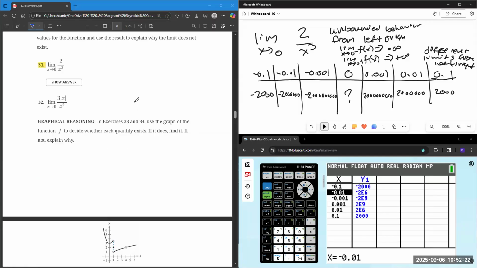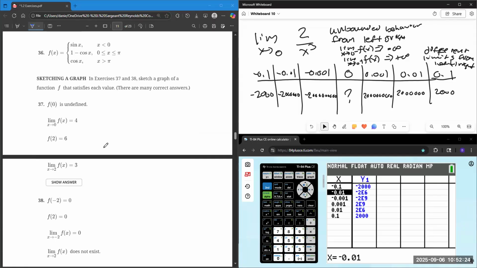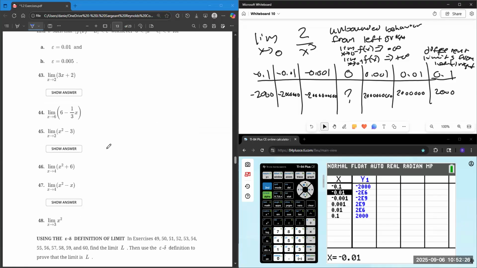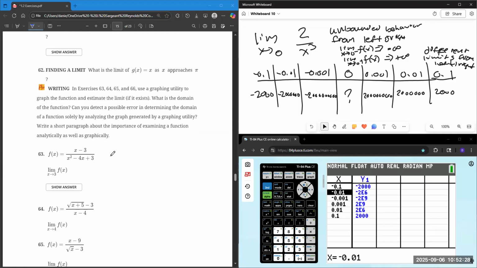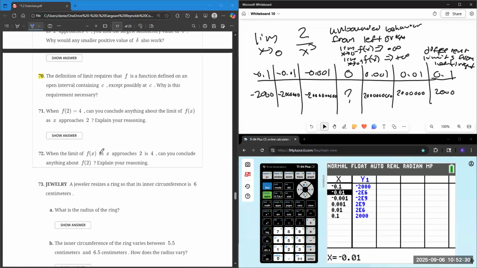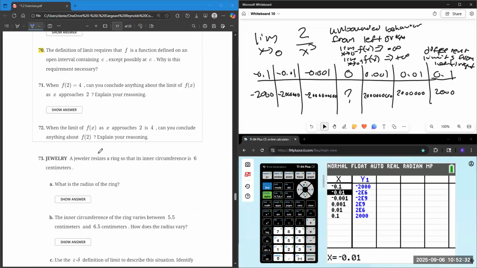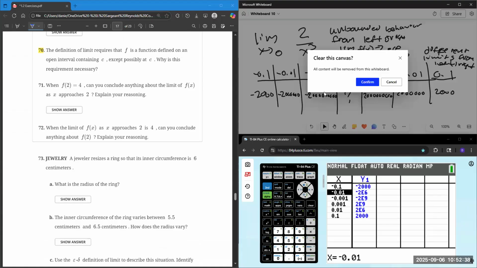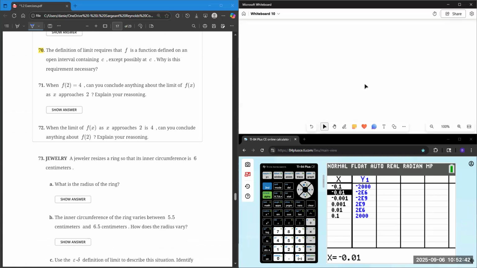And then we're going to skip all the way to number 70 here to answer one last conceptual question about why it's important that the function is defined on an open interval containing C, except possibly at C, and why is this requirement necessary?